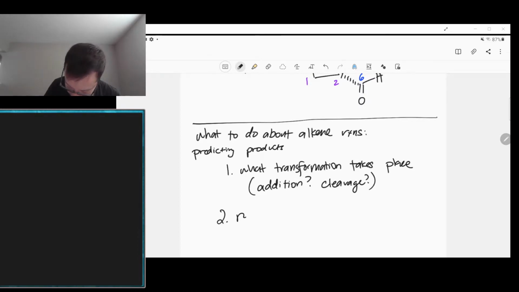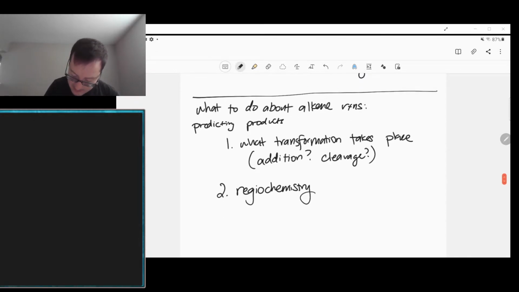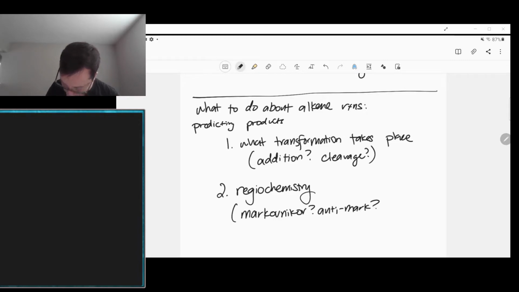Next, we need to think about regiochemistry. And that's going to be, is this Markovnikov or anti-Markovnikov? So we have to consider what's going to happen with a halohydrin, right?